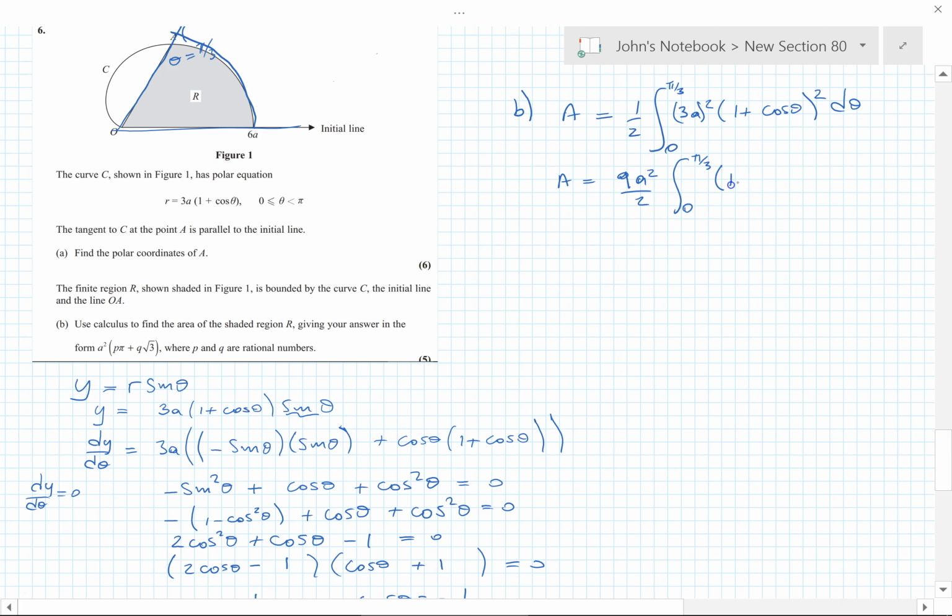integral from naught to pi by 3 of, and let's square out that now, 1 plus 2 cos theta plus cos squared theta d theta. And how many times have we had to integrate cos squared or sine squared with this type of question? I'm going to do it again, in a different colour. Cos 2 theta equals 2 cos squared theta minus 1, so cos squared theta is equal to a half cos 2 theta plus a half.